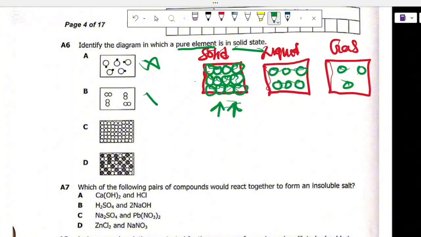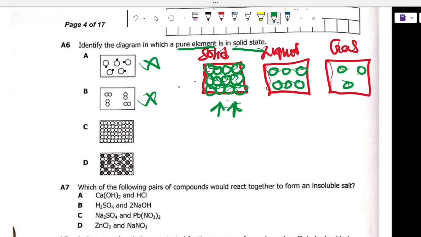Answer choice B can also be eliminated because they are not closely packed. You remain with answer choice C and D because particles are pointing to a solid state, which is being asked here. So you can eliminate the first two choices. So which one is the correct answer here? Option C or option D?